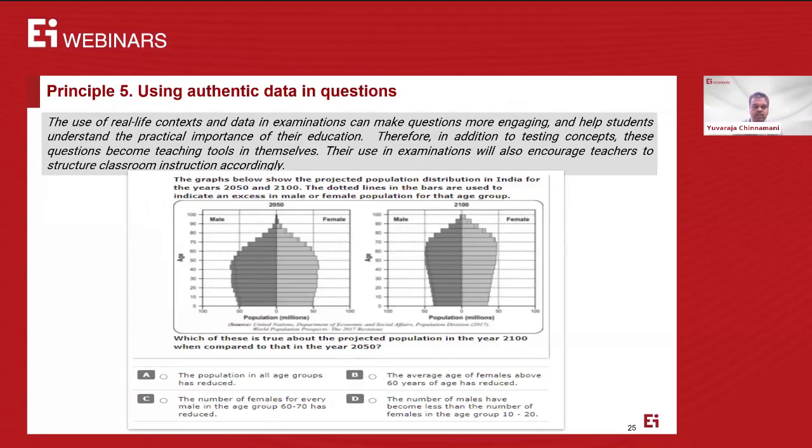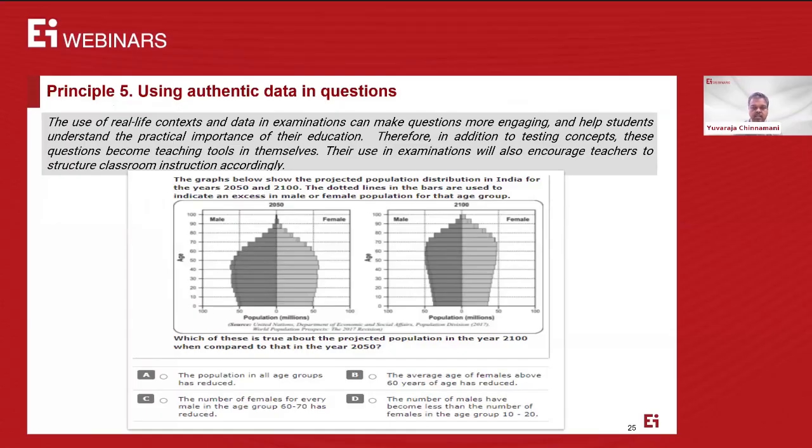Principle 5 focuses on using authentic real-world data in our questions. When students work with actual data from their environment or current events, several things happen. First, the questions become more engaging because students can see the relevance.